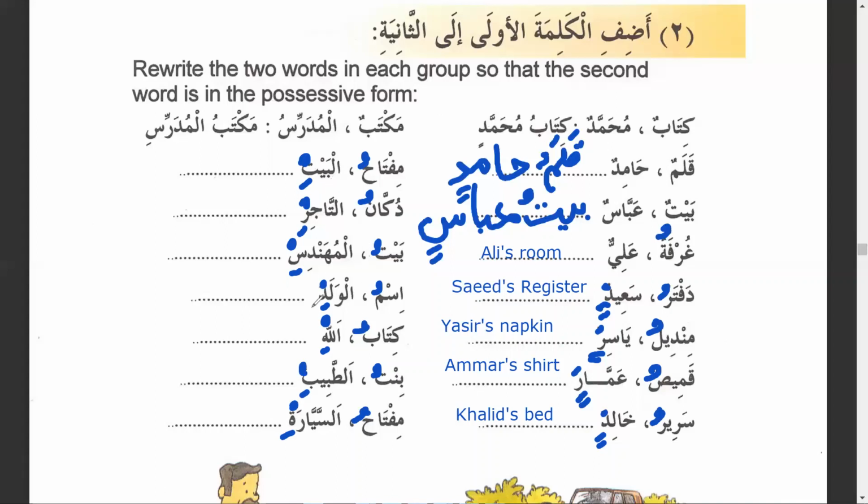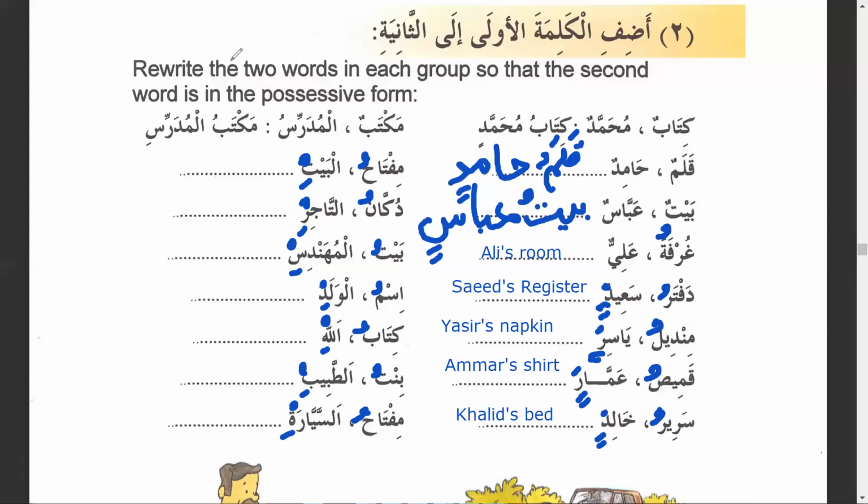So in this column, all the mudaf ilayh, the second part of the idafa combination, carry one kasra for their jar status, either because of al or because of a proper name, ismi alam.